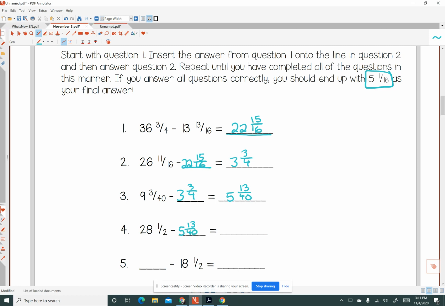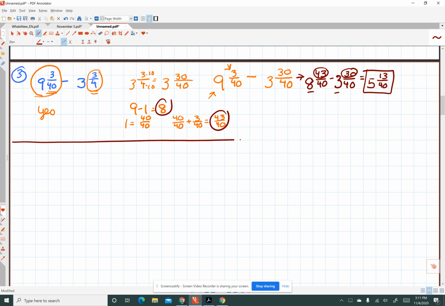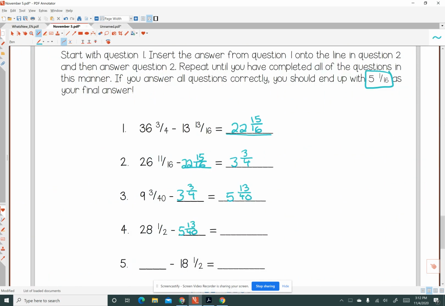So let's go on to the next problem. Go back, I forgot what our problem was. 28 1/2 minus 5 13/40.